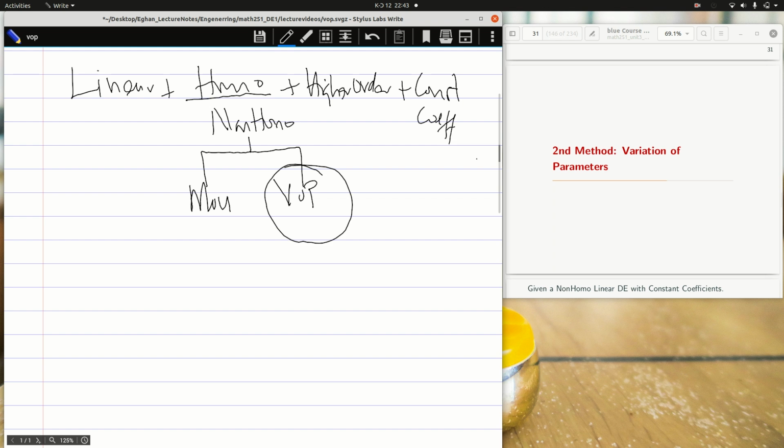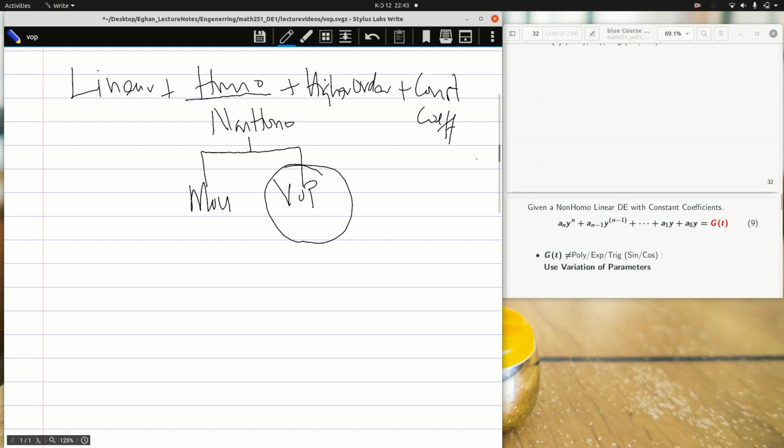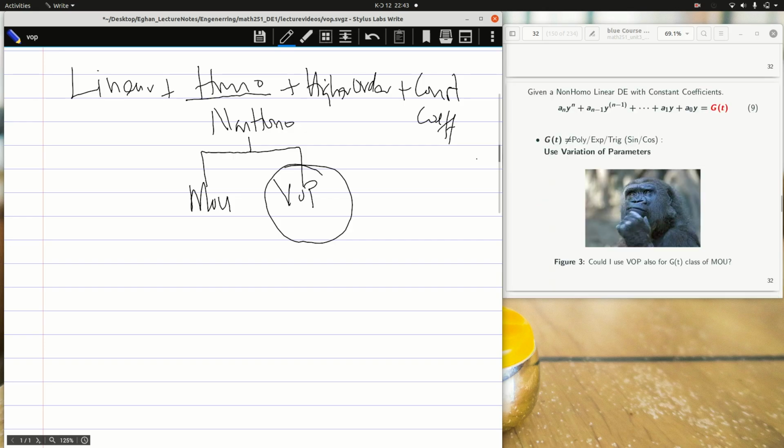So I'll quickly go through my slides here. On slide 32, it says if I have an equation of the form equation 9, that is non-homogeneous because I have the source term not equal to 0. We've already classified when to use MOU: when you have polynomials, exponentials, and then some sines and cosines, you can use MOU.